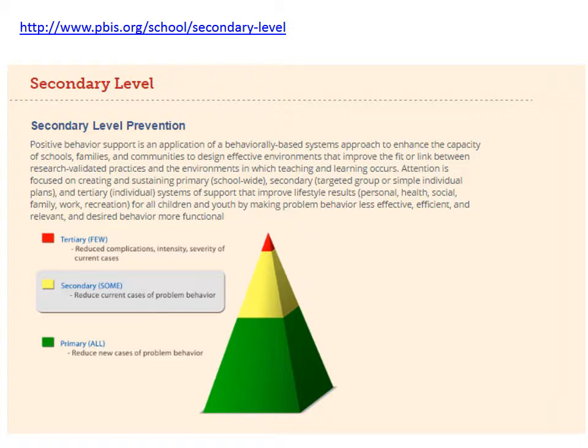Now click on the second level. At the secondary level, you have students occasionally who, despite your teaching them what you want them to do, still have difficulty responding appropriately. For that student, you may have to do individualized instruction and go back and maybe include another way of listening.